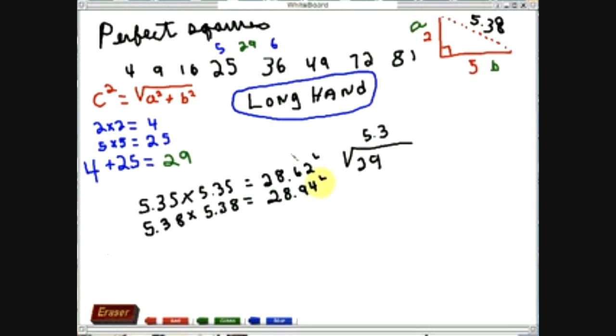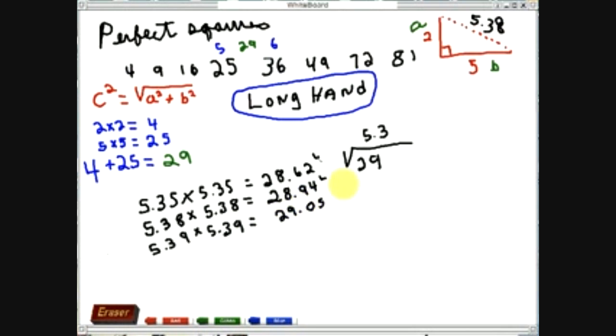So let's see if we can get even closer again. So we're going to take this and increase it by just a smidgen, another 9, by just one decimal point, 9 times itself to find its square. Okay, and that will give us 29.05.